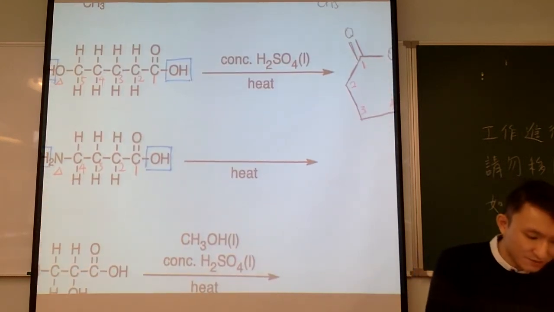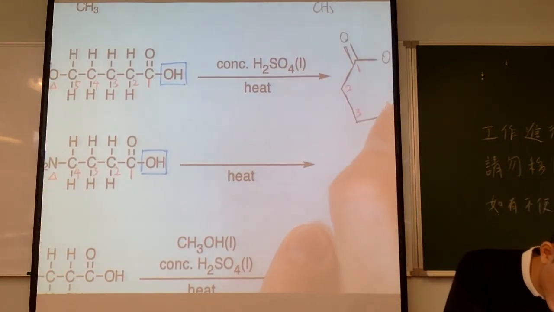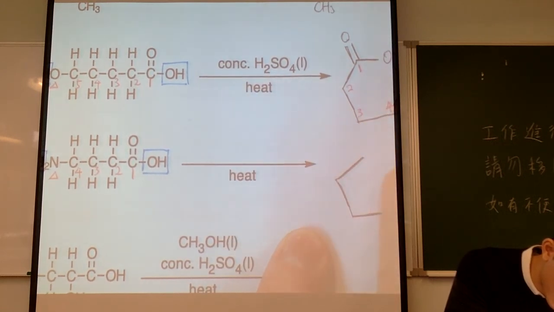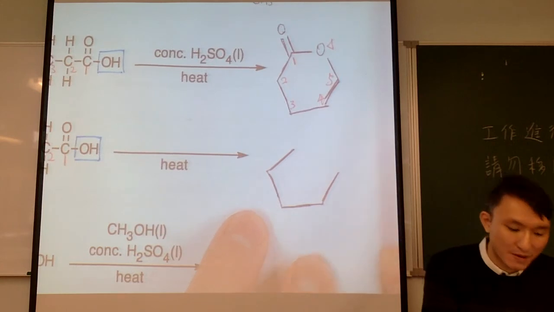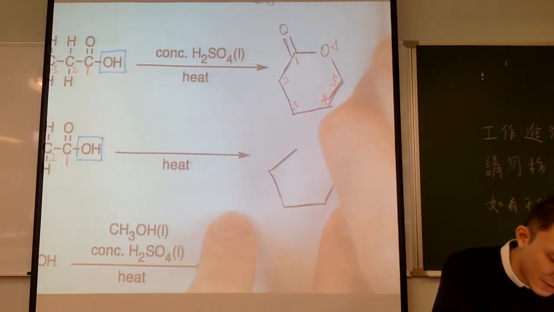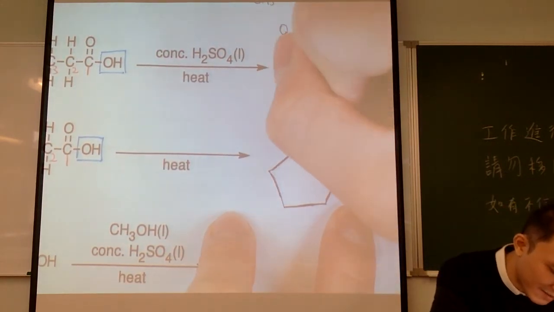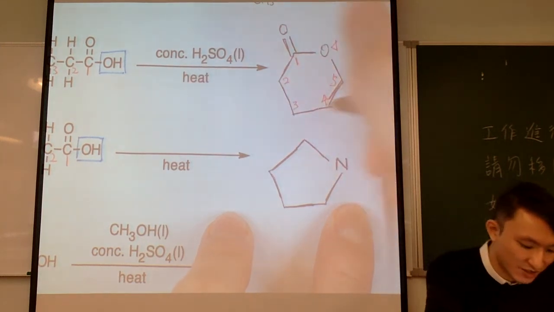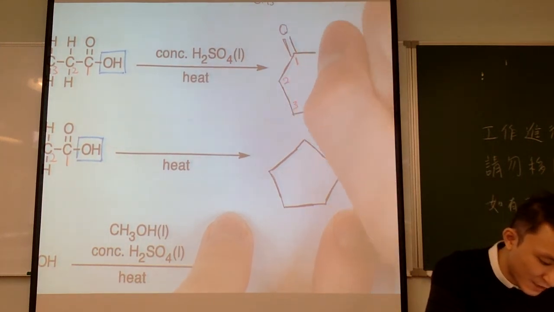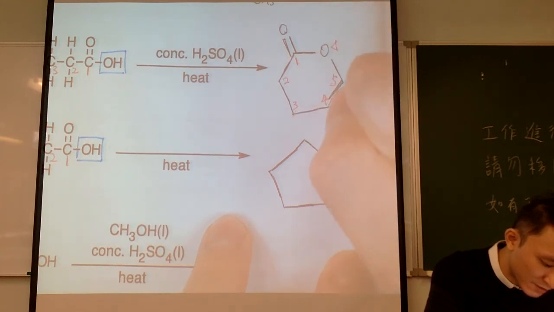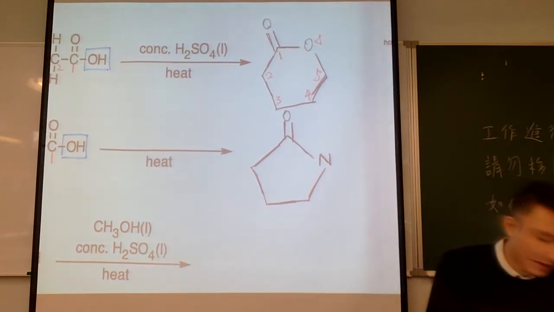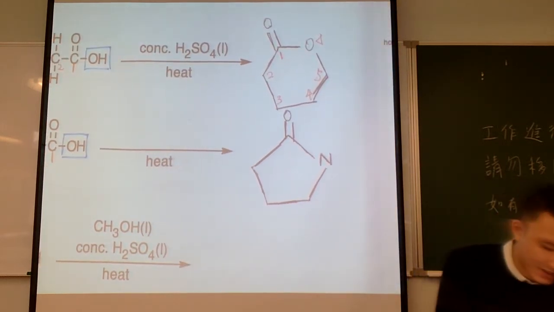So it's going to be like this: 1, 2, 3, 4. Now, but remember, one of them needs to be a nitrogen. Just like the ester, where one of them is the oxygen, here one of them is the nitrogen, and we can have this one. Okay, that is the answer.